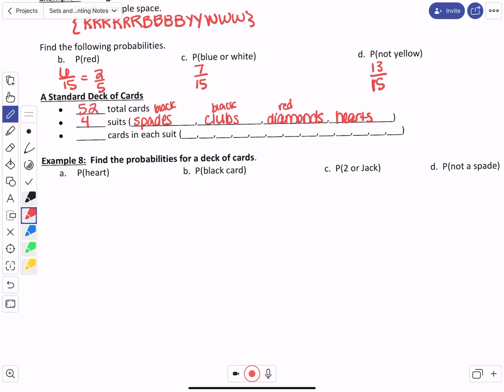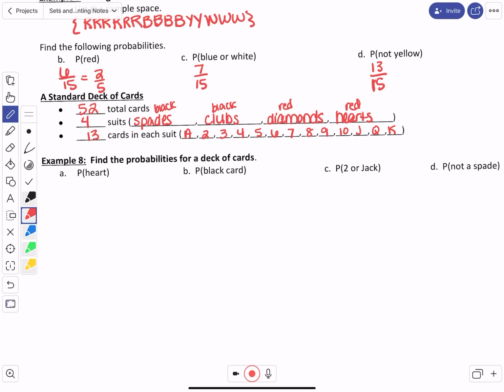Diamonds are red. And hearts are red. And there are 13 cards in each suit. You have an ace, because you got a 2, 3, 4, 5, 6, 7, 8, 9, 10, a jack, a queen, and a king.